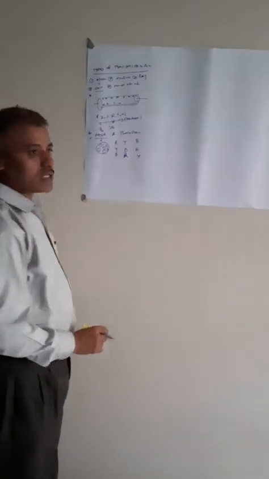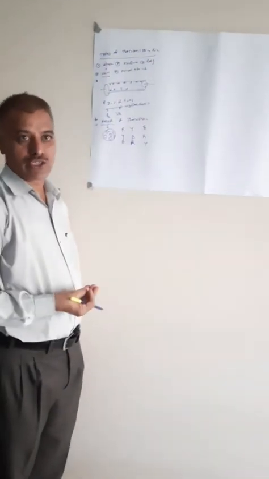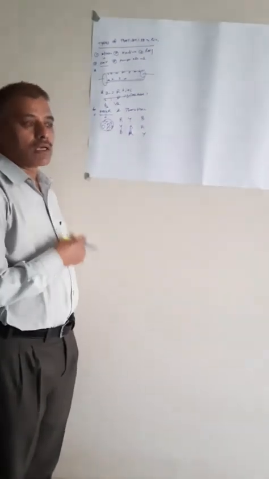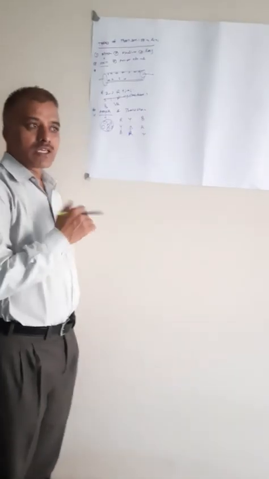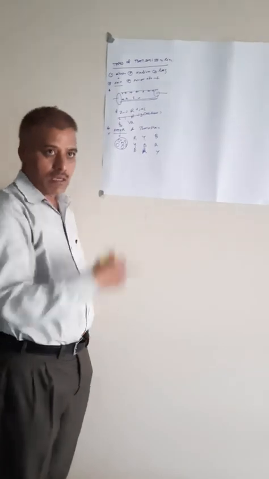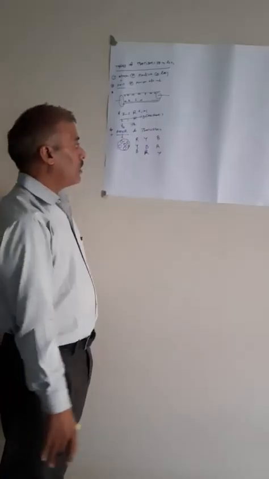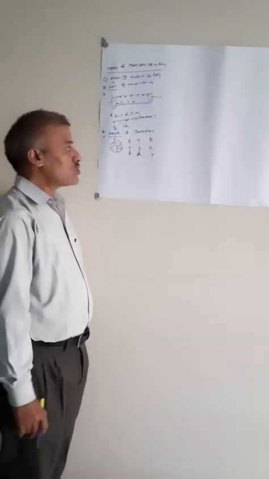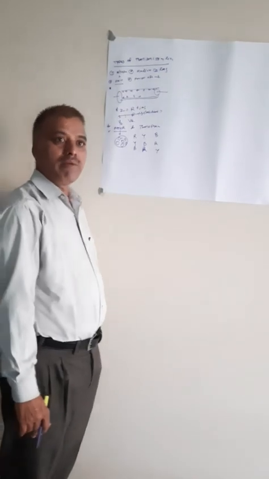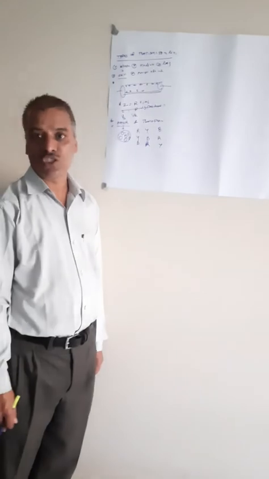The conductor which is at the top, after some kilometers may be at the middle, and next it may be at the bottom. Then the effect of inductance may be minimized. This is called the transposition of conductor.